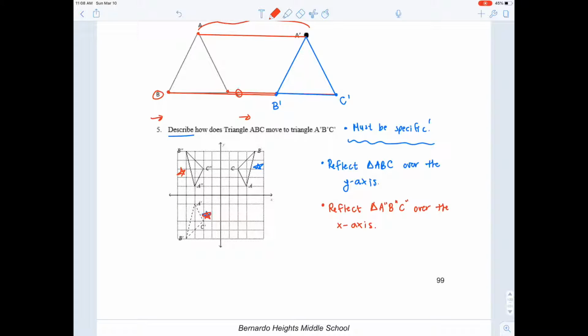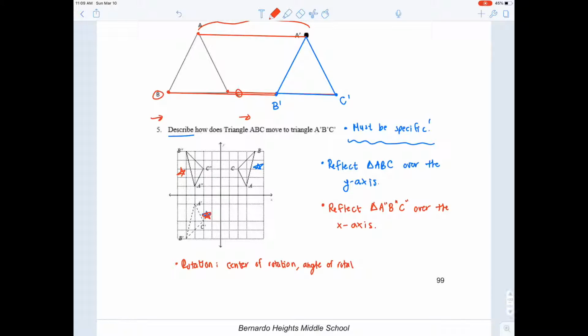So again, be specific. I'm going to write a few notes down here. If you're going to tell me about a rotation, you have to tell me where is the center of rotation. So which point are you rotating around? You have to tell me that. What is the center of rotation? And then you have to tell me the angle of rotation.